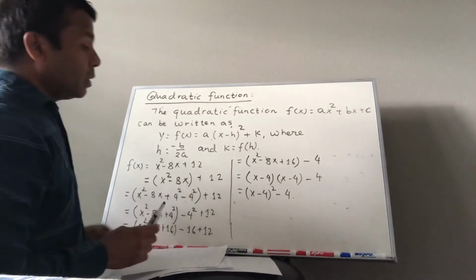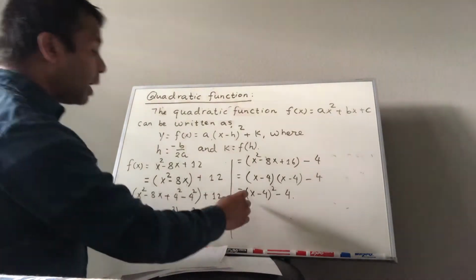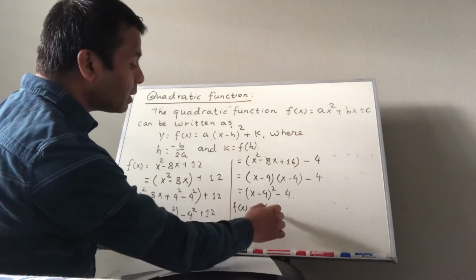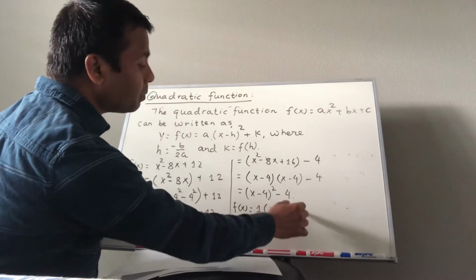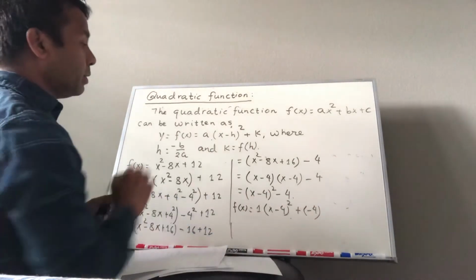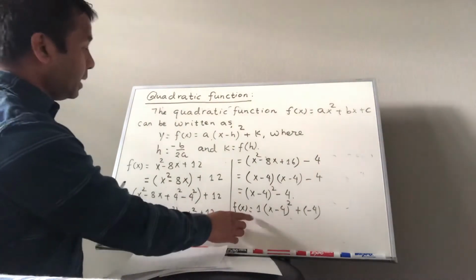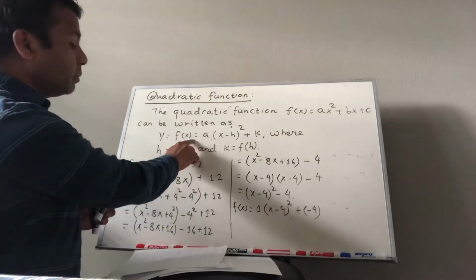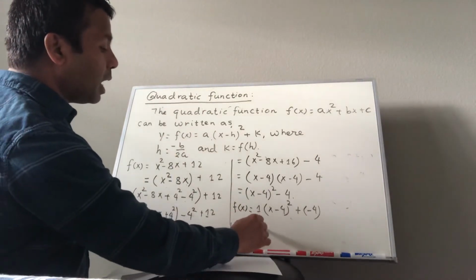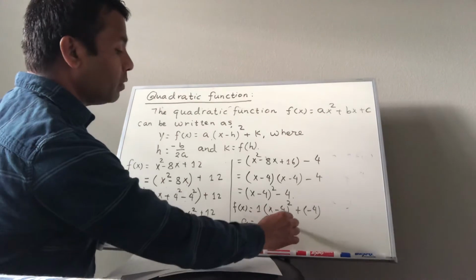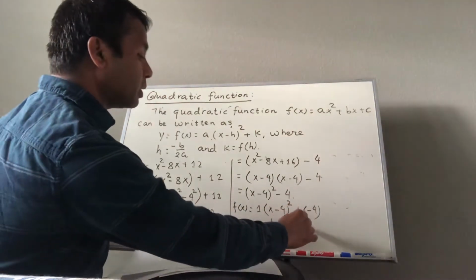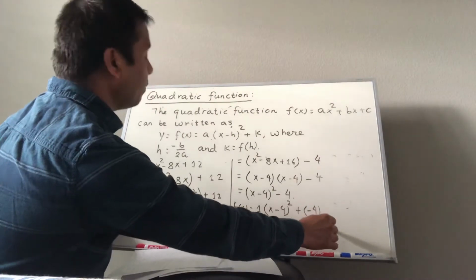Now I can rewrite this as f(x) equals 1 times (x minus 4) squared plus negative 4, right? So you see that this is exactly in this form, where a equals 1, h equals 4, and k equals negative 4.